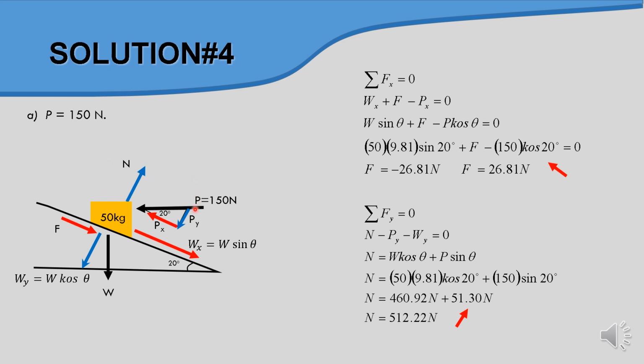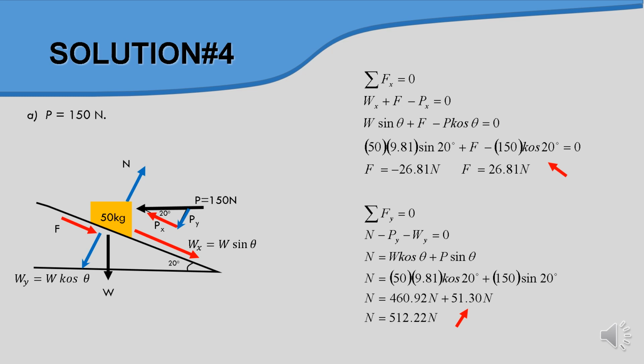So as you can see, there are three red color arrows, which indicate the X axis forces, and blue color arrows indicate the Y axis forces acting on this. So in order to get whether the box will slide down or move up, we need to look at the equilibrium condition.